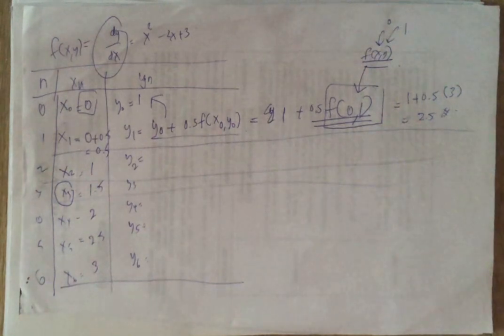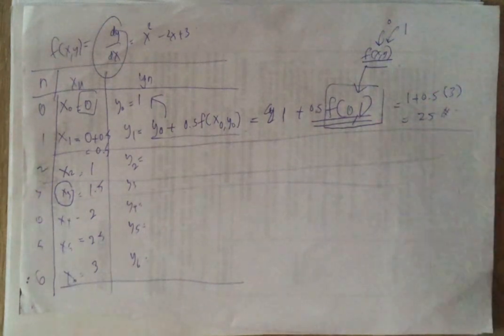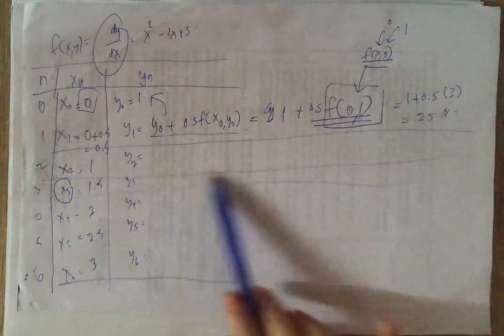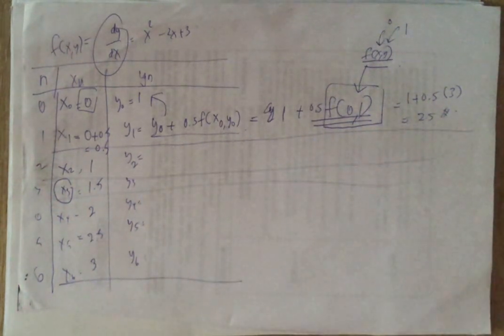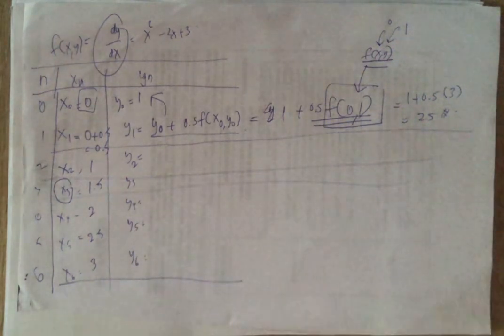Another thing here, if the answer that you get, for example y1, you calculate wrongly, salah, obviously your y2 will be wrong also. Maksudnya kalau y1 salah, of course y2 you akan salah because you guna jawapan daripada y1. So y1 salah, you will affect all these values.